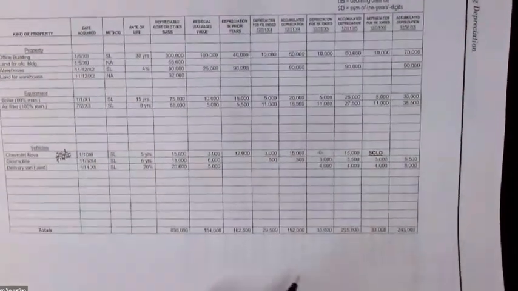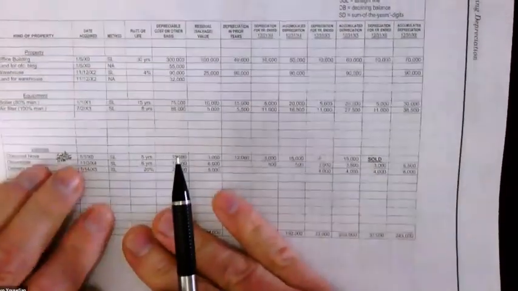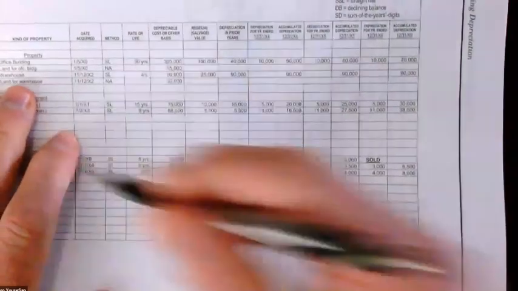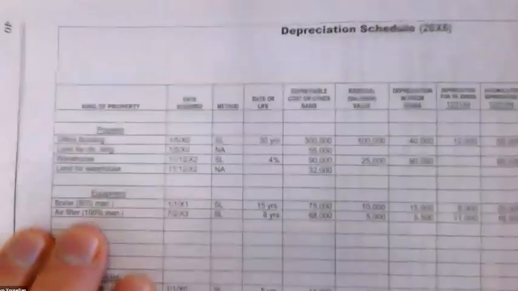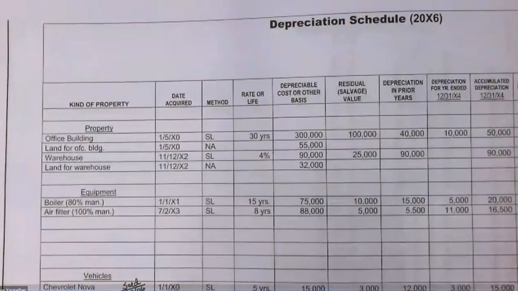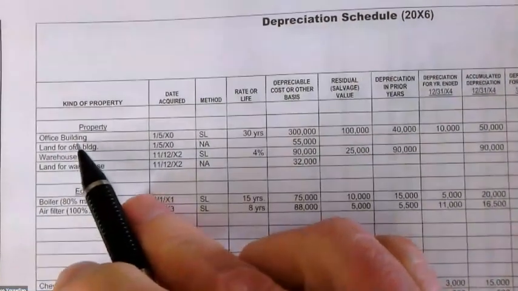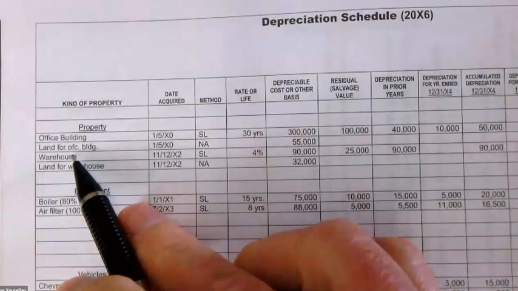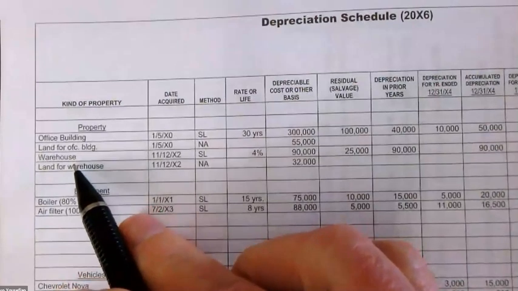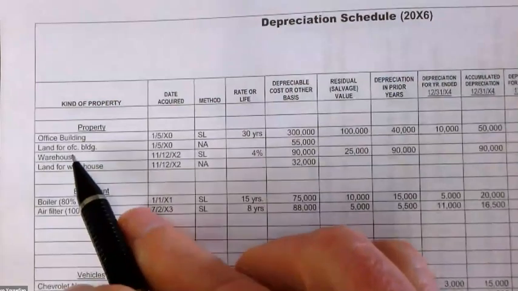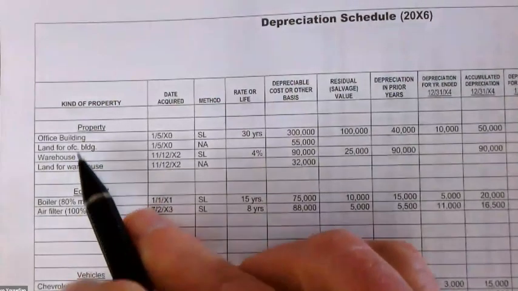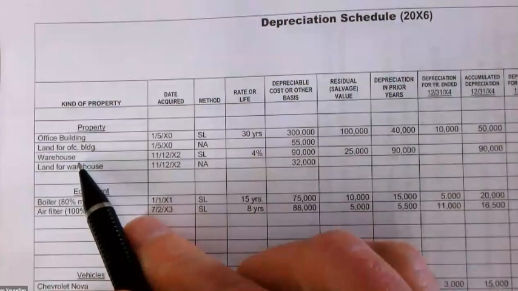So you can look at it and see what type of equipment you have. Here you see you have an office building, land for the office building, a warehouse, and land for the warehouse. Land never depreciates, but the office building and warehouse will depreciate.